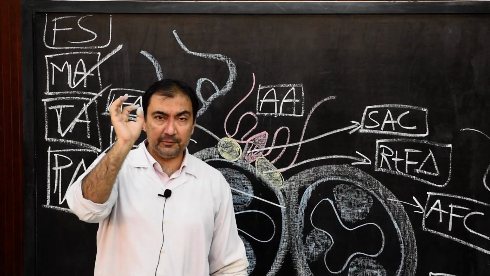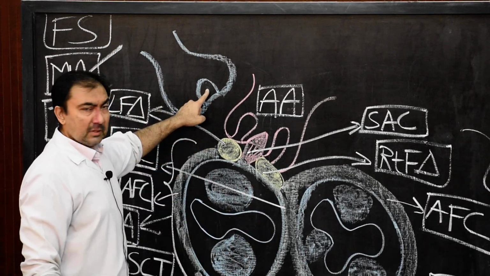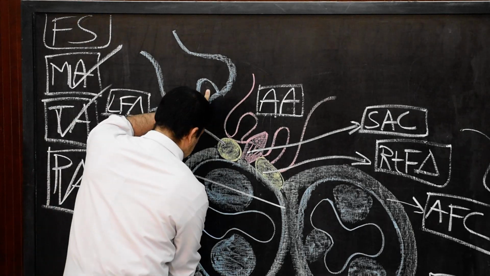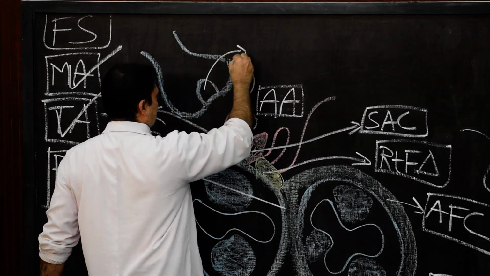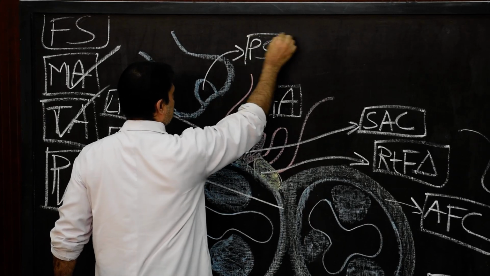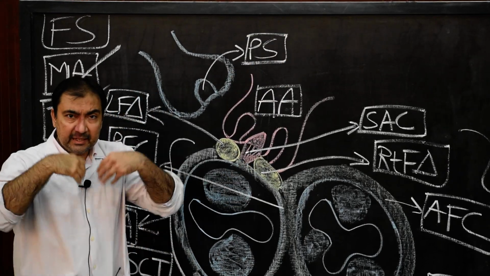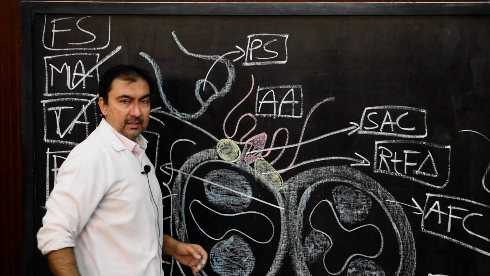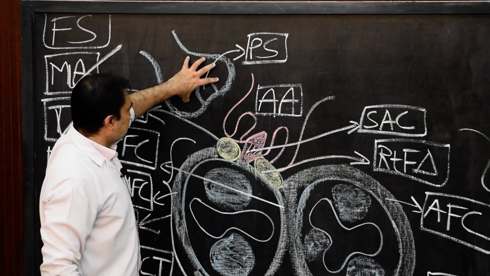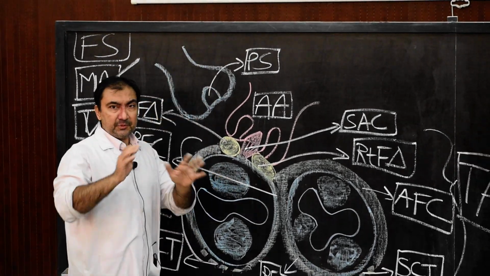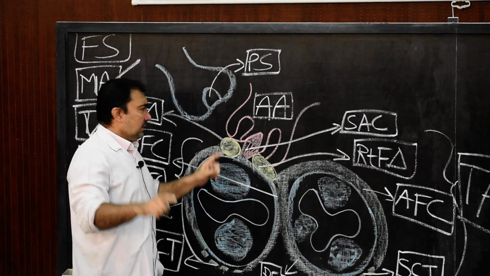Out of those 3 scallops, 1 scallop we have drawn. So this scallop which we have drawn is the posterior scallop, and the remaining 2 scallops will be anterior. So note down, the pulmonary annulus will contain the 2 anterior scallops which we have not drawn and 1 posterior scallop.